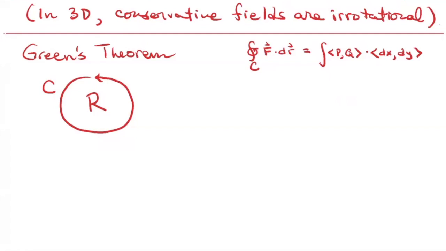That's just a restatement of this thing. But this is also the same thing as if you just take the dot product, and that becomes P dx plus Q dy. And I think we did some examples of weird integrals like that.